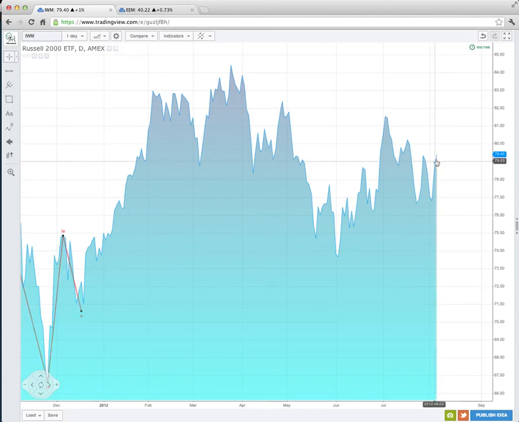really good resistance. It could break a little bit, but after that break, I would definitely short. Like, for example, if the IWM got to 80.19, that would be a great short for me.